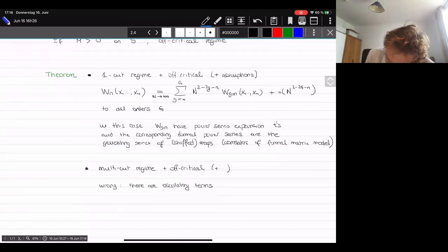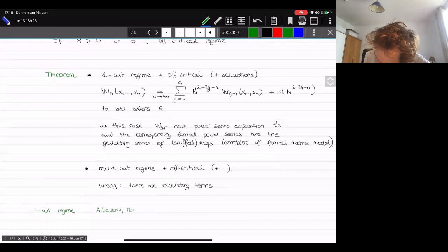So these types of results for the one-cut regime first appeared in the work of Albeverio, Pastur, and Shcherbina, about 20 years ago.